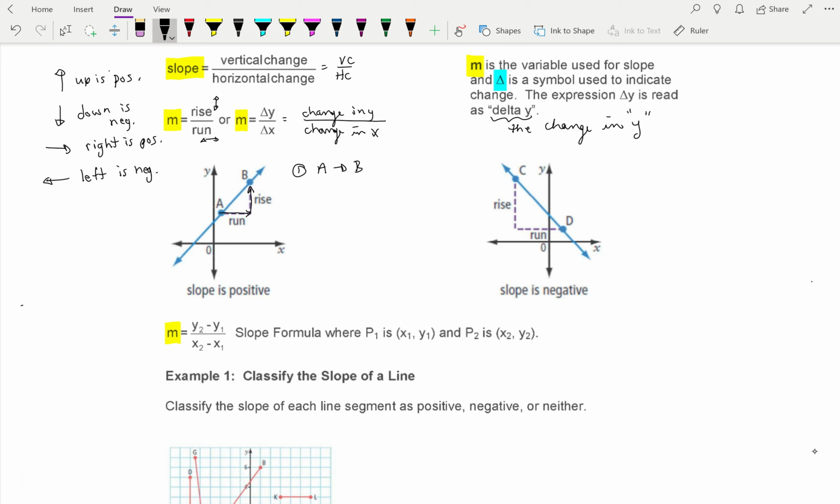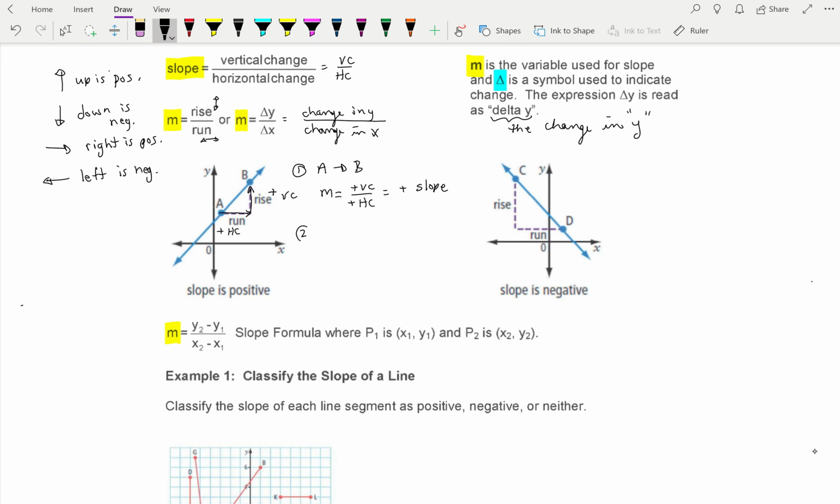Going to the right is a horizontal change and it's positive, because right is positive. And going up is a vertical change, and because we're going up, it's positive. So if we use our slope formula of vertical change over horizontal change, then we have a positive vertical change over a positive horizontal change, and a positive divided by a positive is a positive. So we have a positive slope.